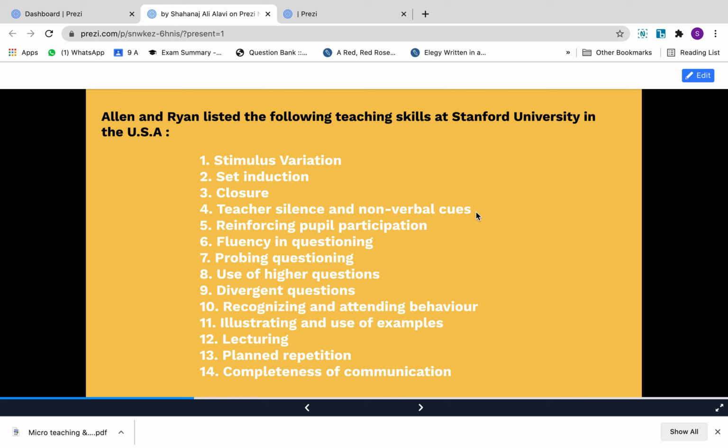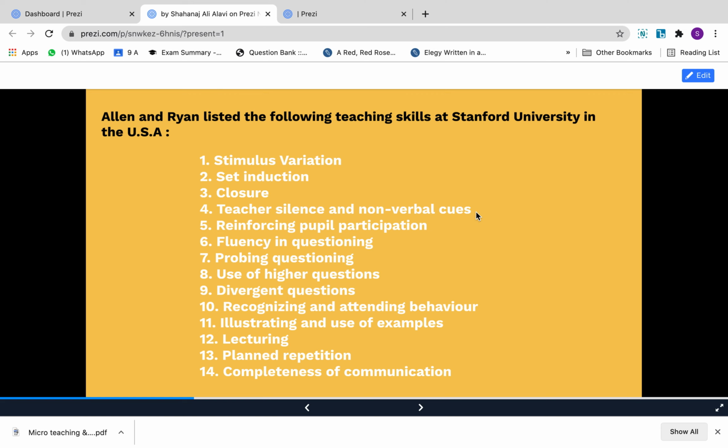As you know, this is the birthplace of the micro teaching technique. So the first one is stimulus variation, set induction, closure, teacher silence and non-verbal cues, reinforcing pupil participation, fluency in questioning, probing questioning, use of higher questions, divergent questions, recognizing and attending behavior, illustrating and use of examples, lecturing, planned repetition, completeness of communication. So all these 14 skills are listed by Allen and Ryan.